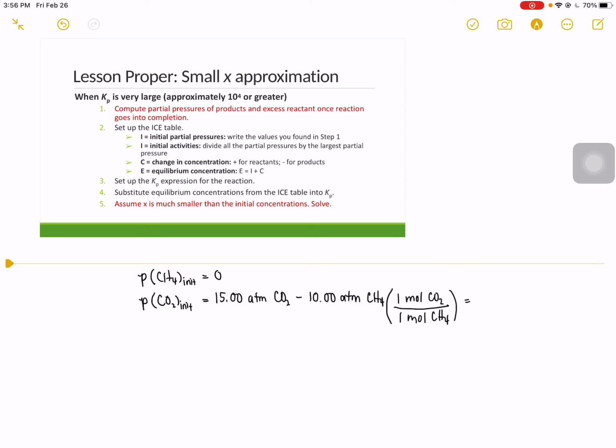Plugging all of that into the calculator gives us a partial pressure of carbon dioxide, which is 5 atmospheres.